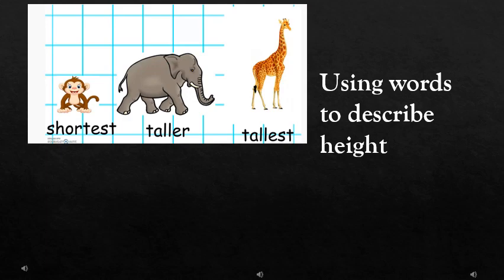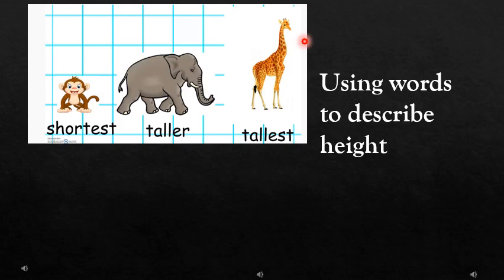When we put animals or even objects side by side, then we would be able to look at them by using our eyes and discover which object is the tallest and which object is the shortest. In this case, we have animals. The 3 animals on the screen are all different in height.